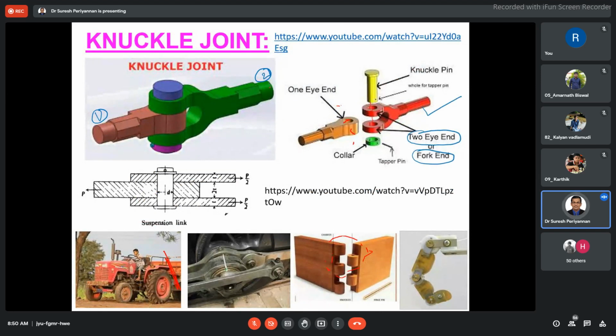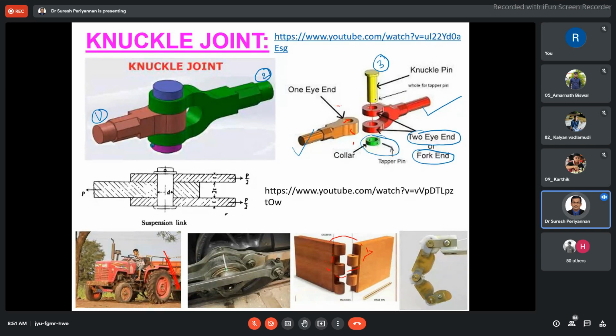Then one eye end, the second component. This is the knuckle pin, the third component. This is the collar with the taper pin, another component. So these components are used in preparing the knuckle joint.